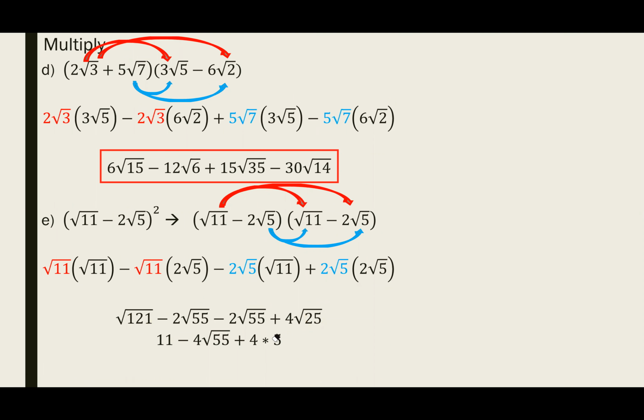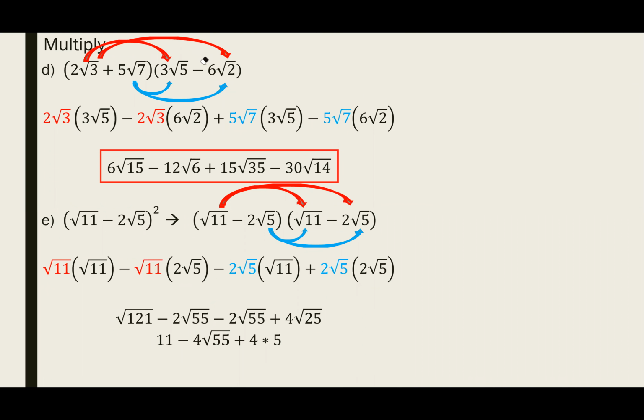There's nothing left over. Everything goes out, right? In this case, 4 times 5, and this up here is 11. And like I mentioned, the reason I have -4 square root of 55 is I have 2 here, 2 here. I add them up. I have 4 total square root of 55. And again, they are negative.